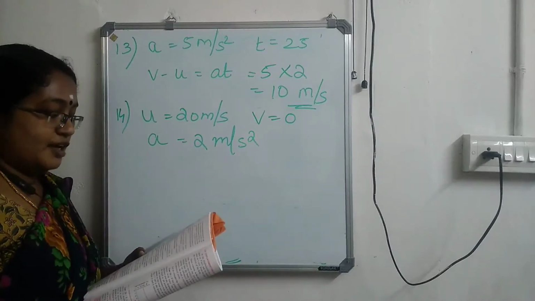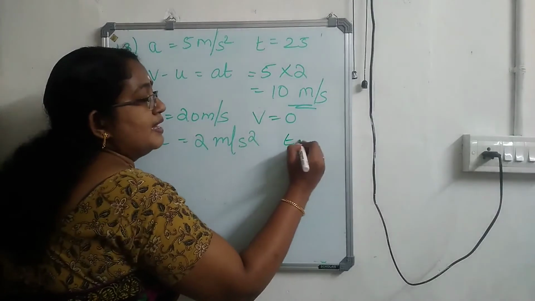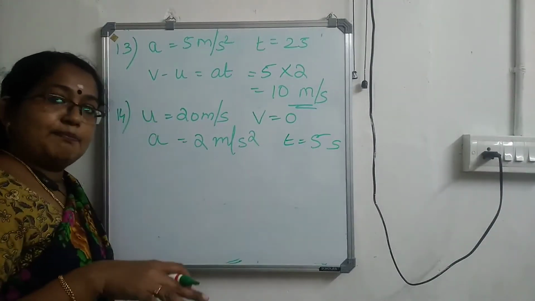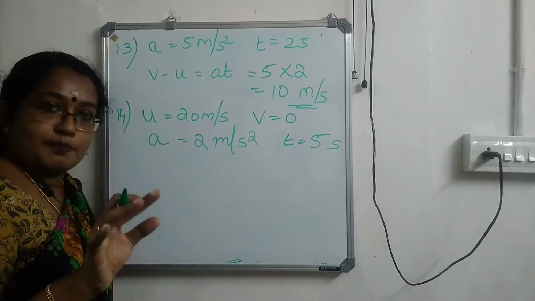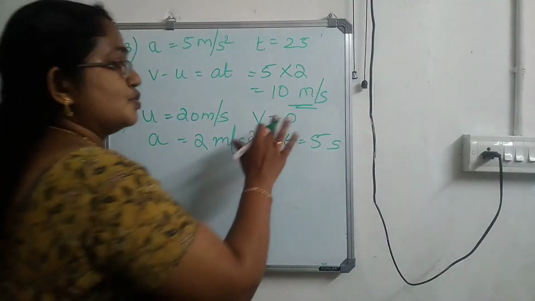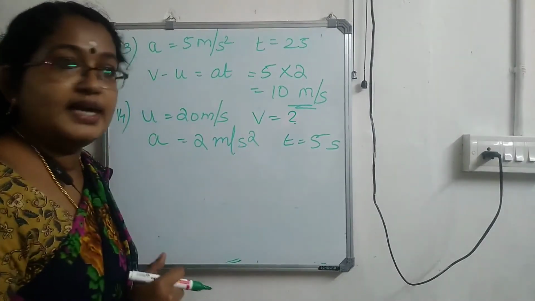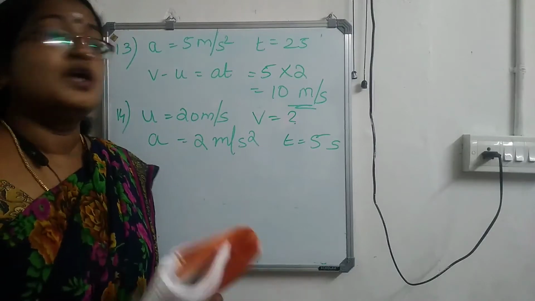What will be the velocity after 5 seconds of applying the brakes? Time is given as 5 seconds. So by applying the brake, after 5 seconds the body didn't stop. Body slowly reduces the speed and it comes to rest. That means you have to calculate the velocity of the body after a time period of 5 seconds.